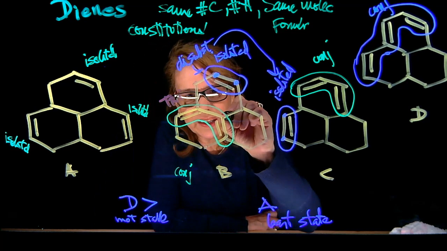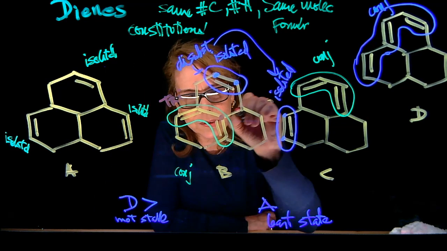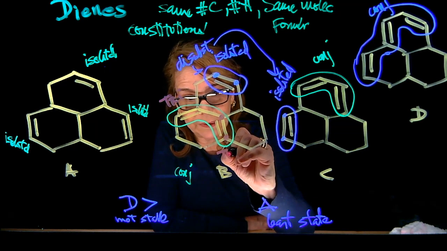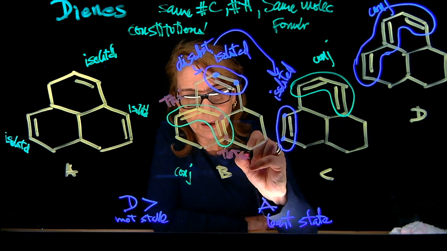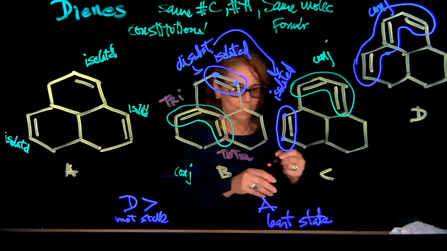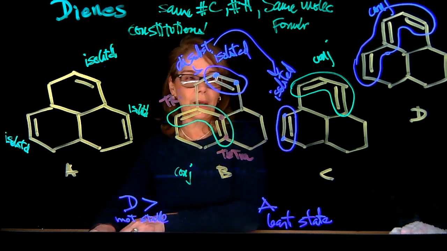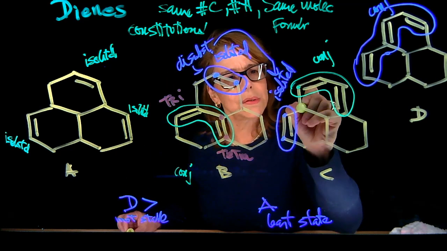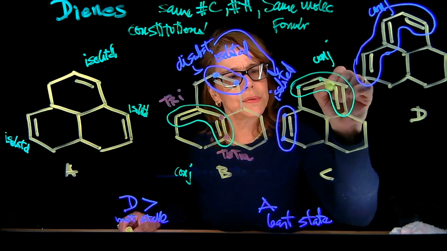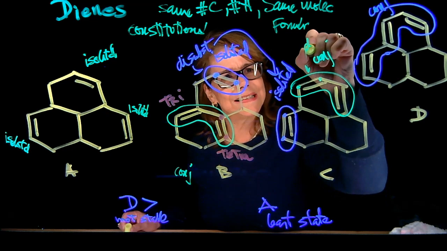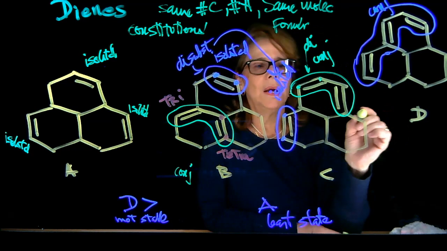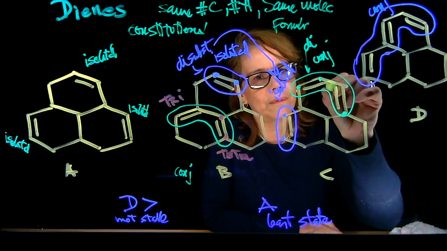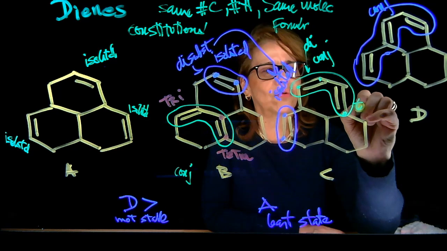Looking at this carbon, one, two substituents, and this carbon, one, two substituents, so that double bond is tetrasubstituted. Now on the right-hand side, one substituent here and one substituent here, so it's actually disubstituted. And looking at this carbon, I have one, two, and then here I have one, so that is tri.